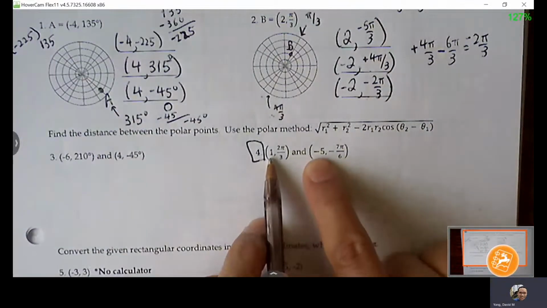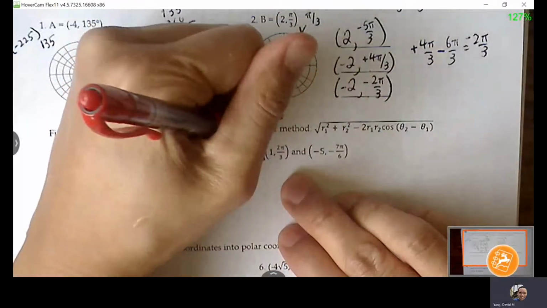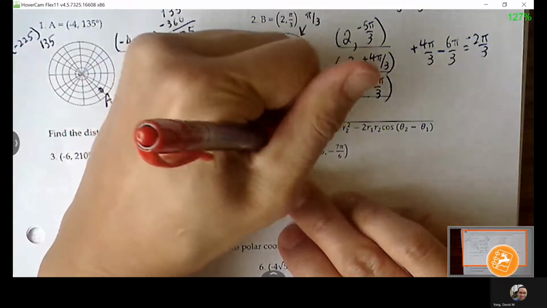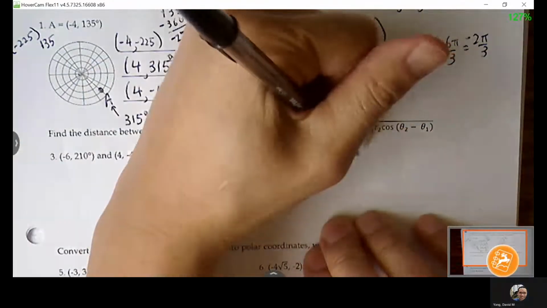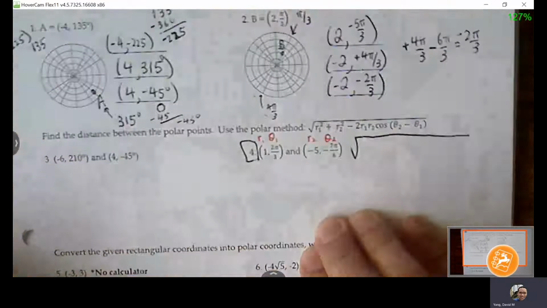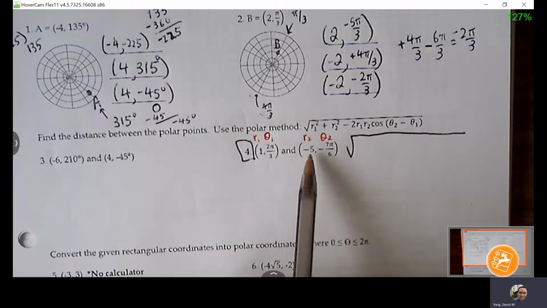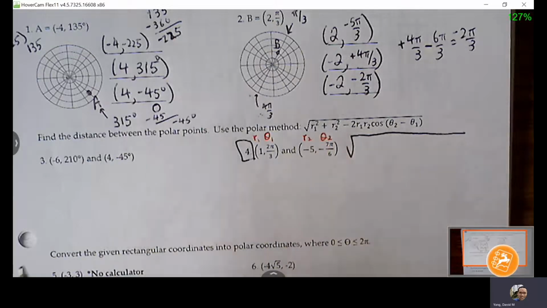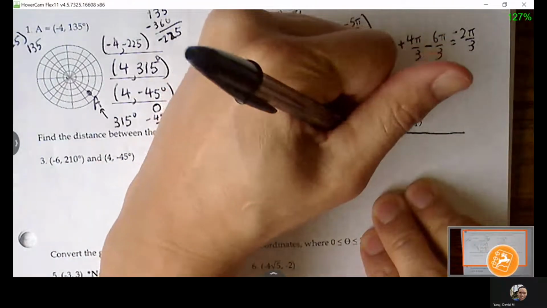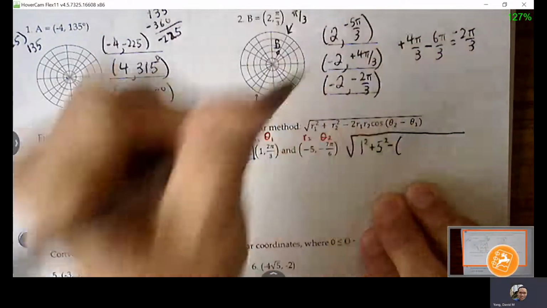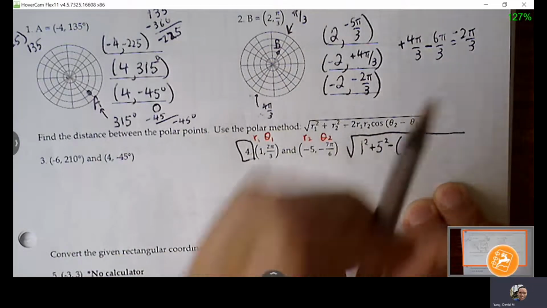Okay, this is my R1, R2. This is my theta 1, theta 2. 1 squared plus 5 squared. Now everything is going to be positive when I square it, so I'm just going to leave out the negative here. 2 times R1 times R2, so that's 2 times 1 times negative 5.